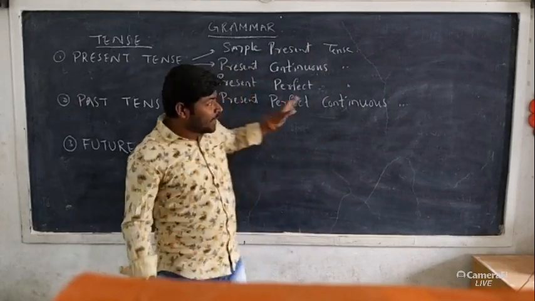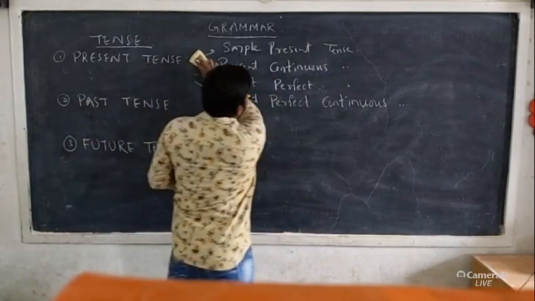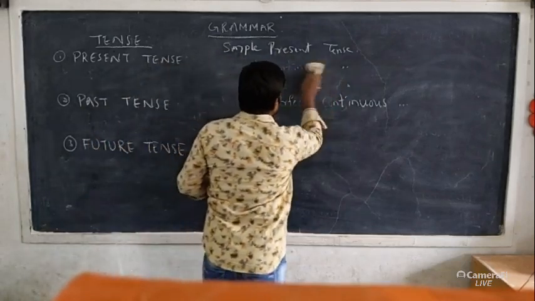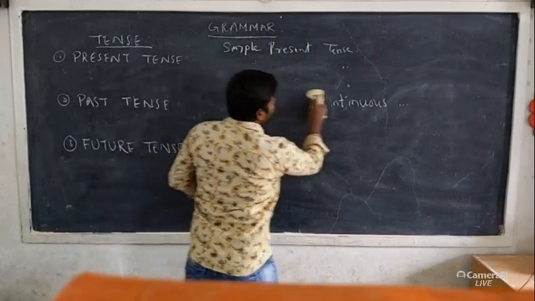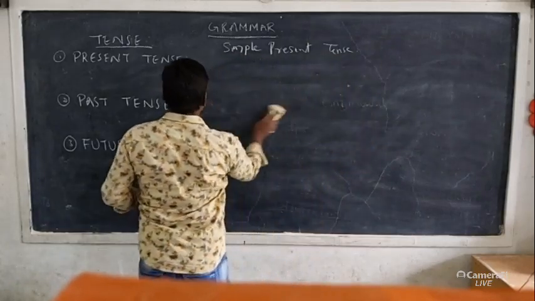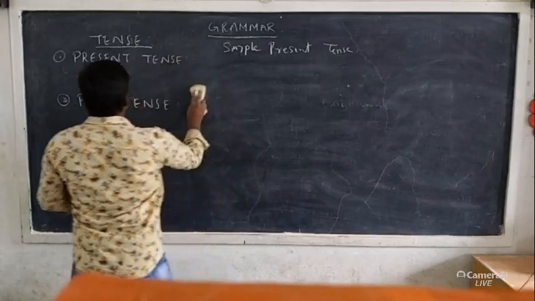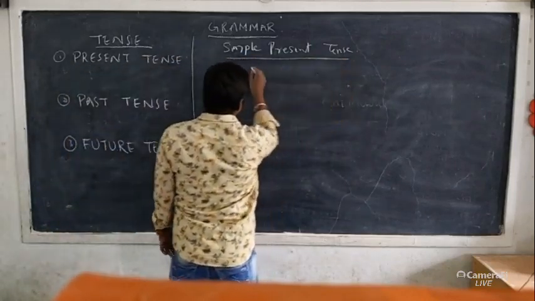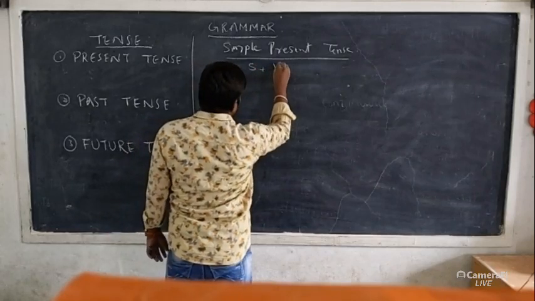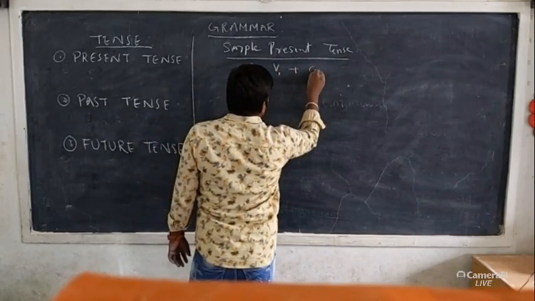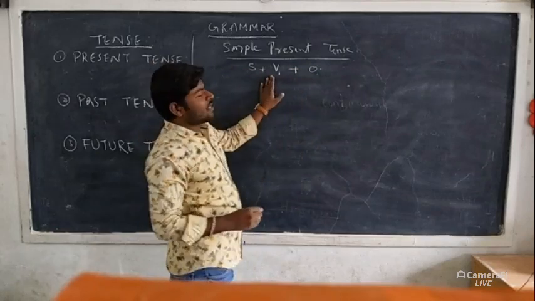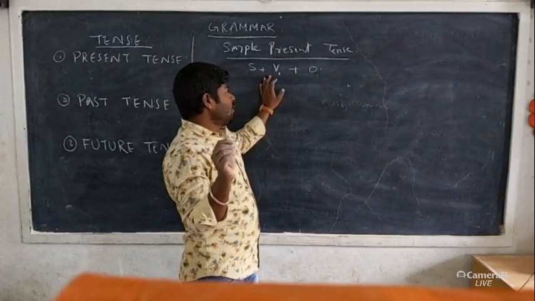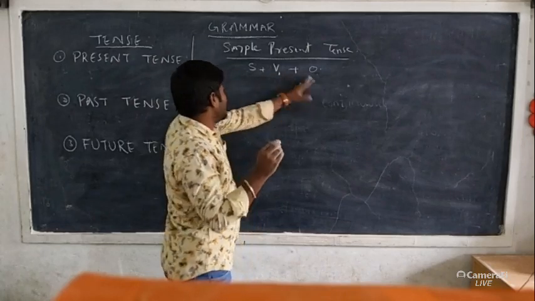Let us learn each and everything clearly. First we learn about simple present tense. Subject plus present form, verb, present form V1, past form V2, past participle V3, and object.